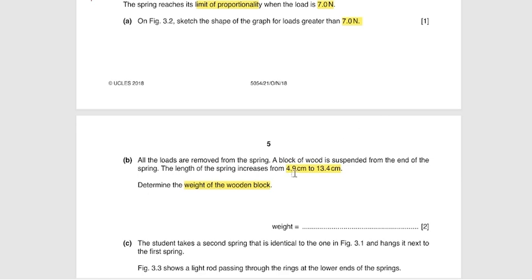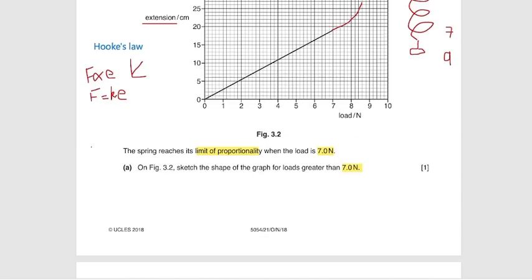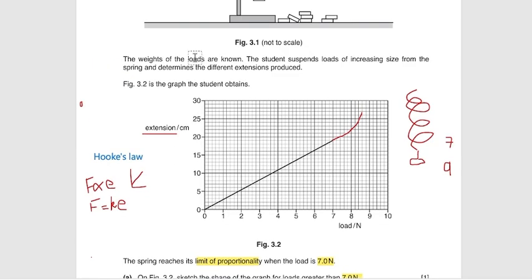It was initially 4.9 and then it increased to 13.4. So what was the increase? It was 8.5 centimeter. So my extension is 8.5 centimeter. Now they want me to find the weight, which is the same as load, force, whatever you want to call this.